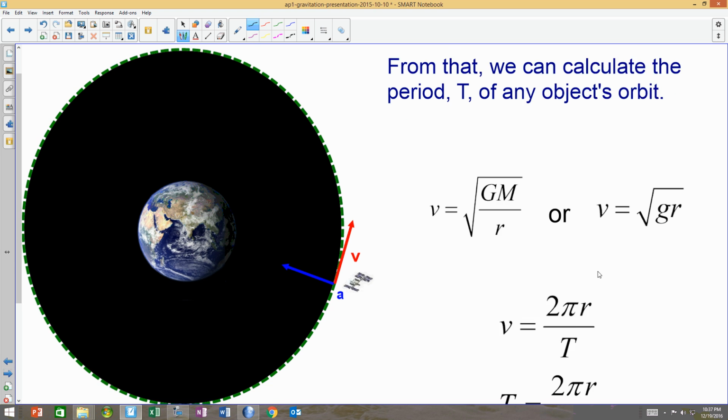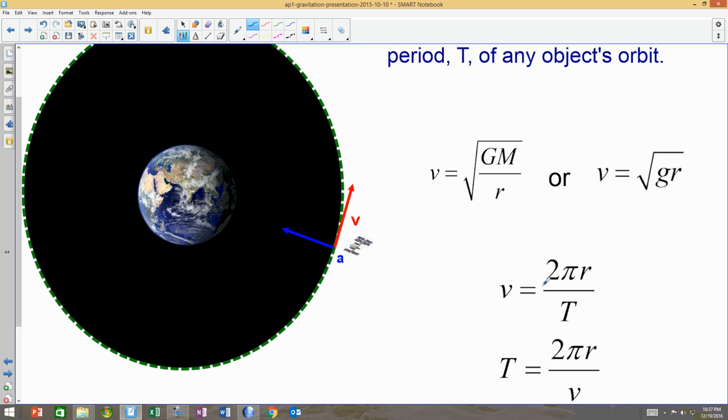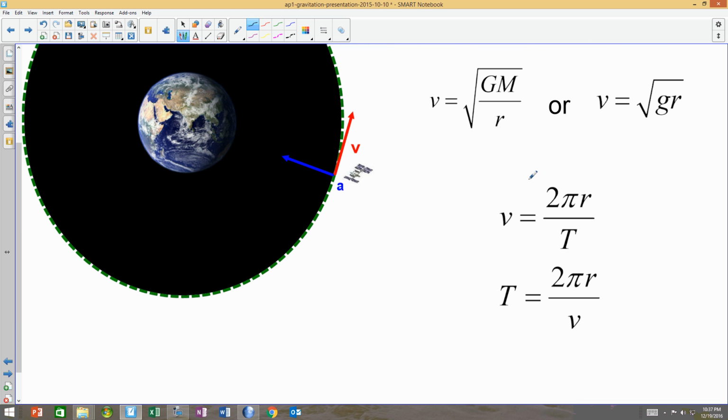We know that the speed is equal to 2 pi r over T. This is the speed on a circular path divided by the time period. Solving for the time period, it's equal to 2 pi r over v. We also know that v is equal to the square root of GM over r, and we can substitute this in for v here.